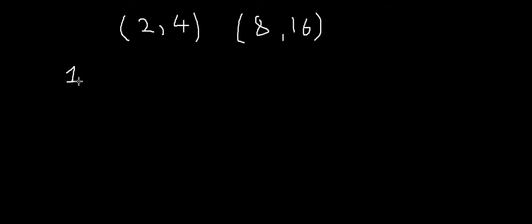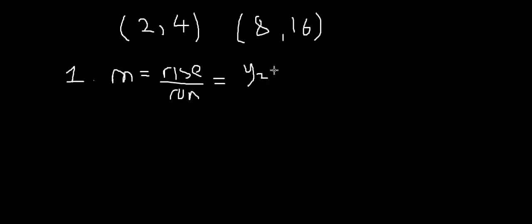Well, the first step is to remember that the m, the gradient, is equal to the rise over the run. And also a really handy one to remember is that that's the same as y2 minus y1 over x2 minus x1. Please excuse my handwriting.